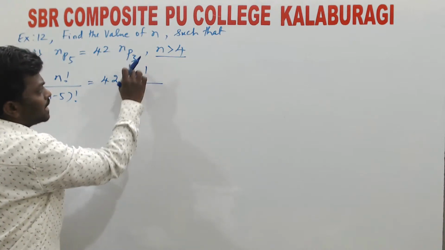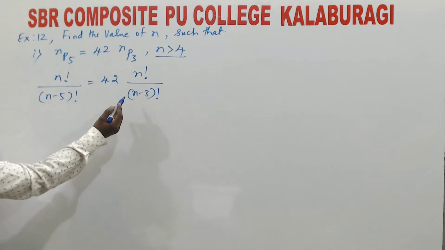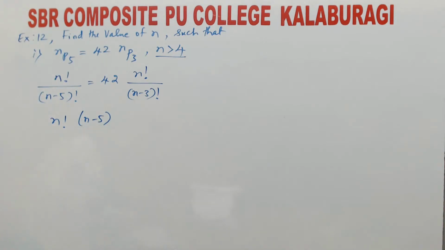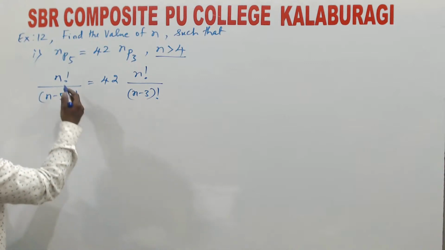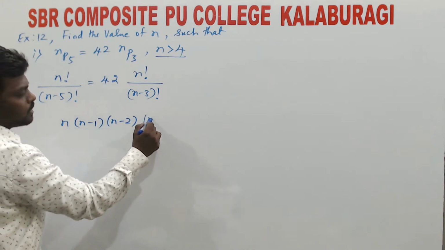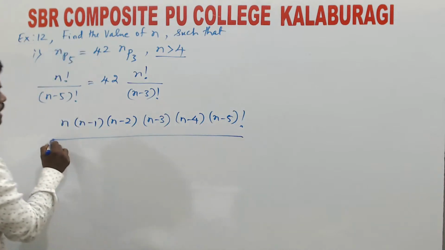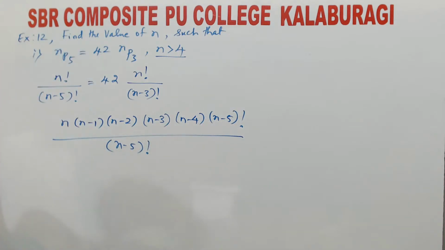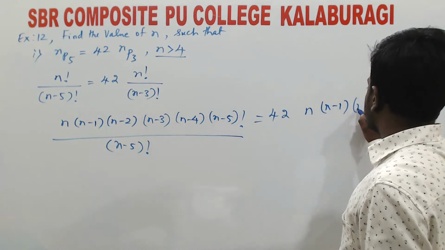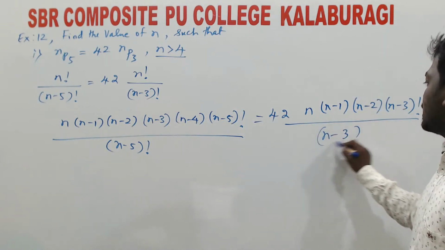So n factorial by n minus 3 factorial. Now n into n minus 1, n minus 2, n minus 3, n minus 4, n minus 5 factorial, divided by n minus 5 factorial, equals 42 times n into n minus 1, n minus 2, n minus 3 factorial, divided by n minus 3 factorial.